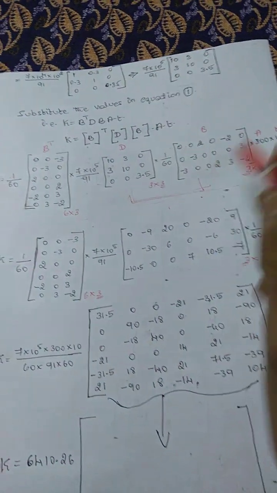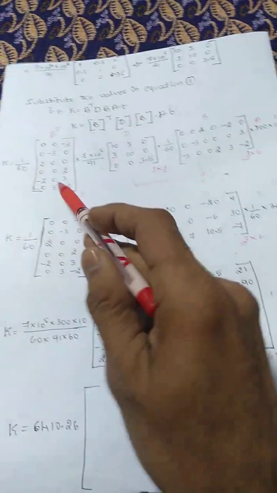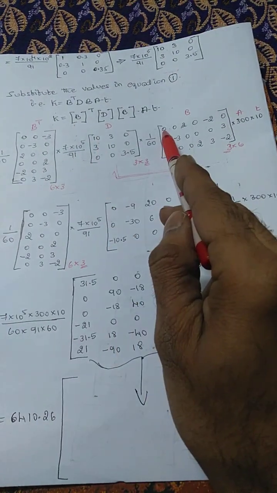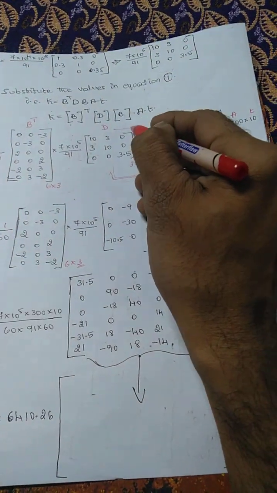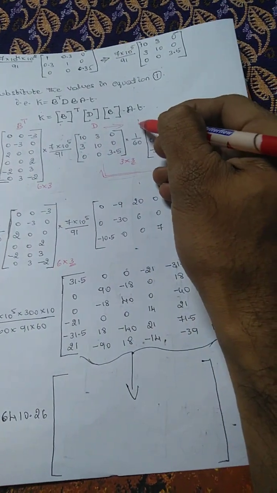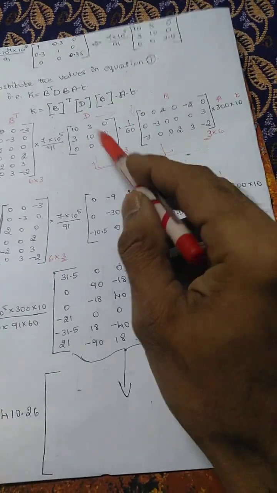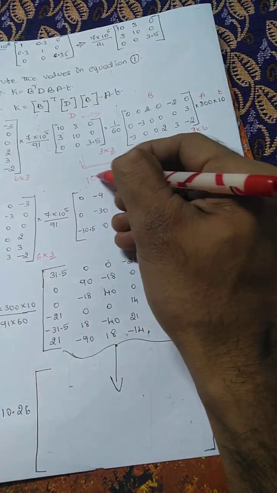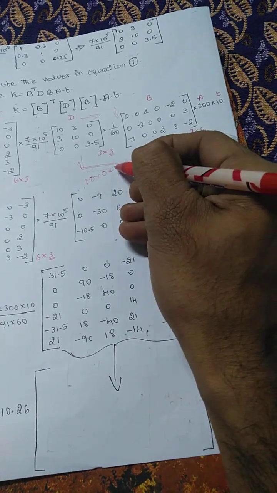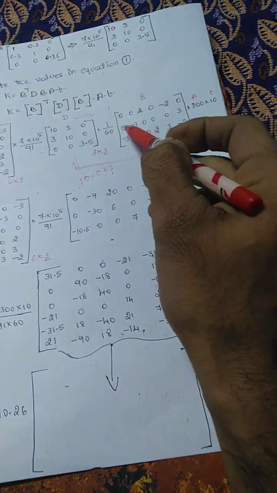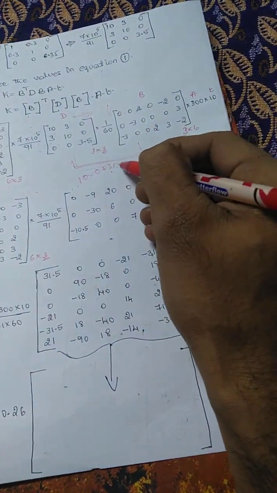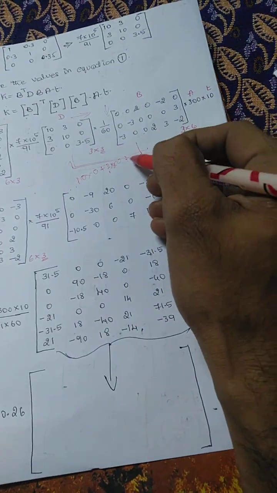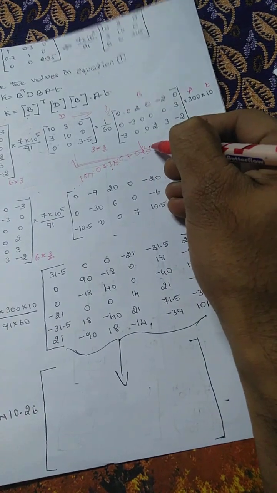So when we write this as it is, here is how the multiplication goes on, like this and this is like this. So 10 into 0 plus 10 into 0 plus 3 into 0 plus 0 into minus 3.